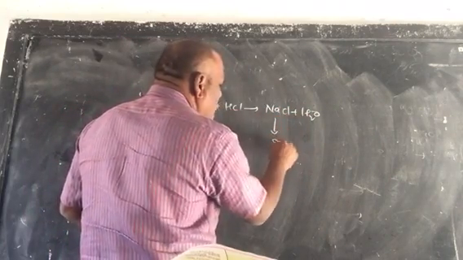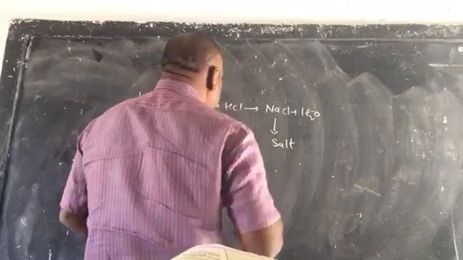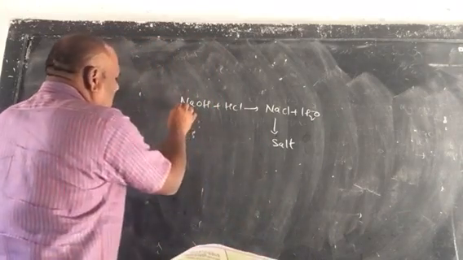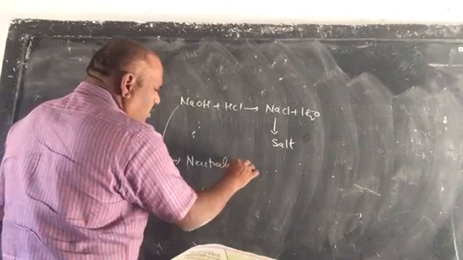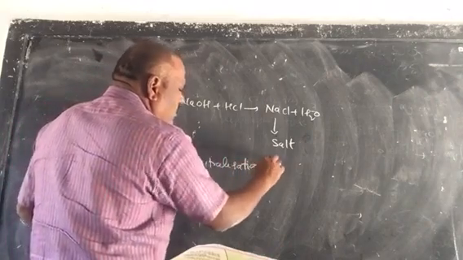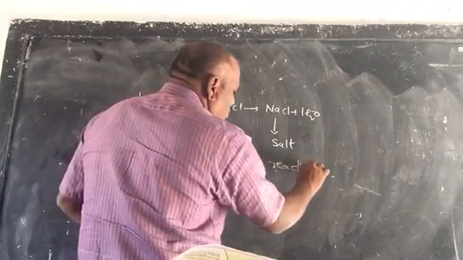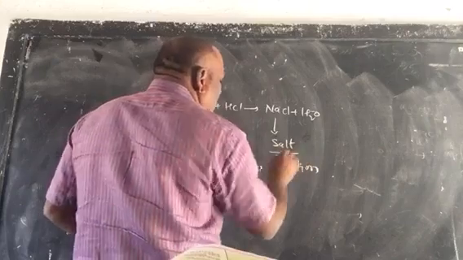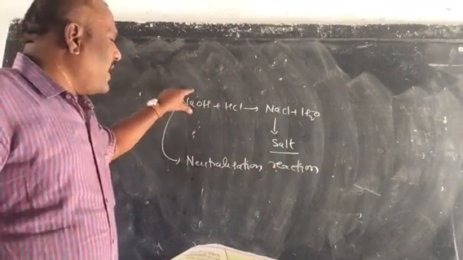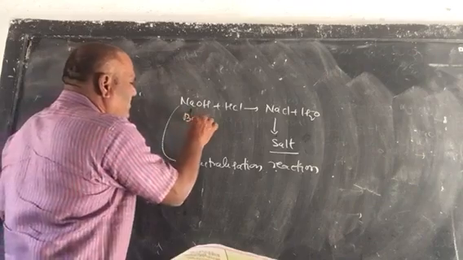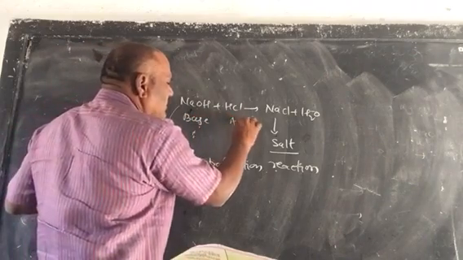This is salt, children, and this reaction is also called a neutralization reaction. This is the method to form salts. Here sodium hydroxide is a base and HCl is an acid.